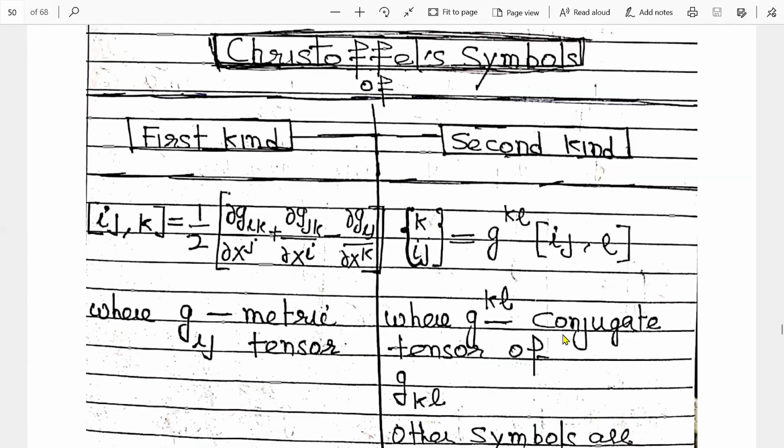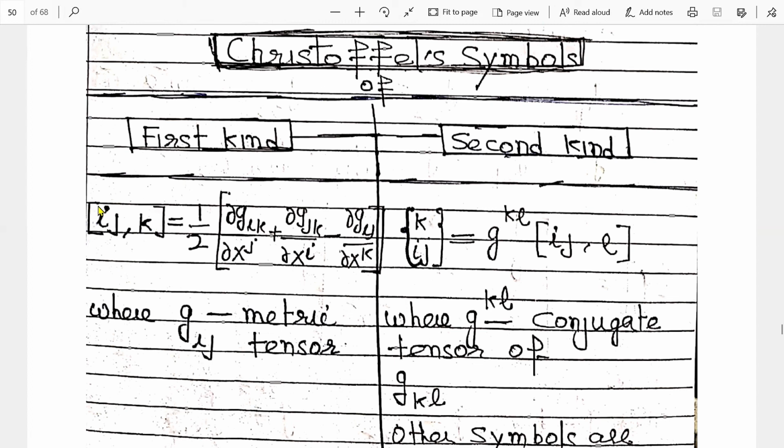Now next are very important symbols, which are called Christoffel symbols. There are two kinds of these symbols. One is of the first kind, and the second is of the second kind. The Christoffel symbol of the second kind is introduced from the first kind. Now how can we find the values? This is denoted by ijk.